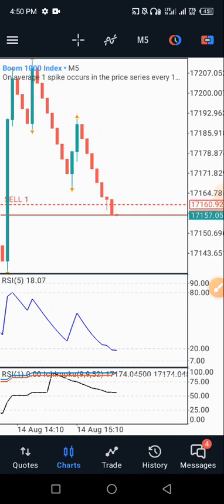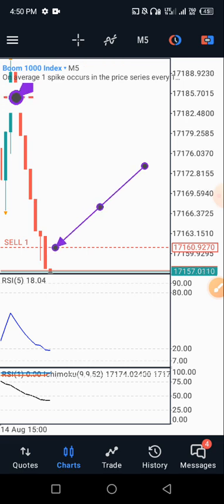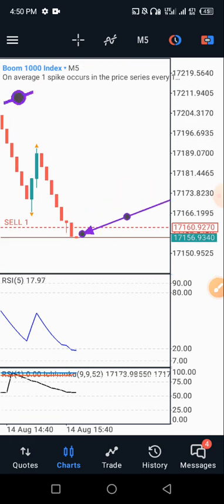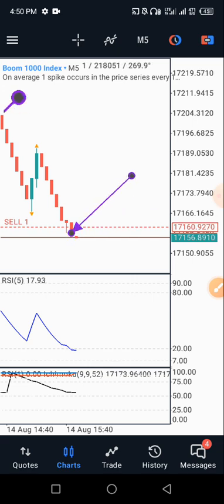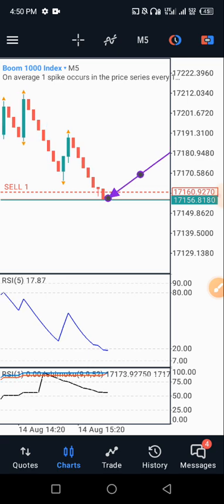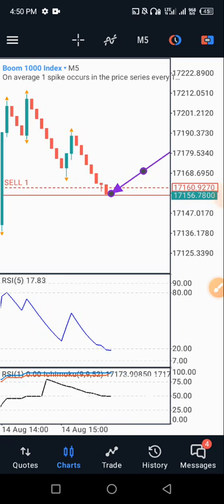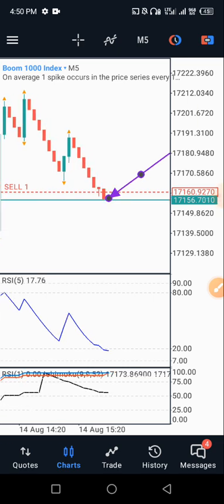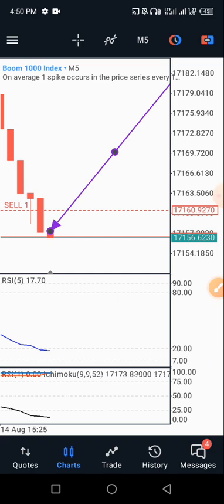Okay, so after 10 candles we'll be closing this trade. But we are just going to hold this trade now, and then I'm going to show us how to put the indicators on our chart so that we can make use of this strategy.